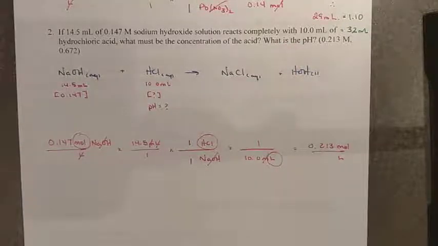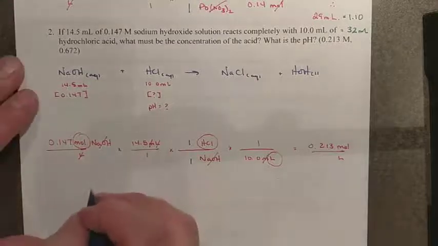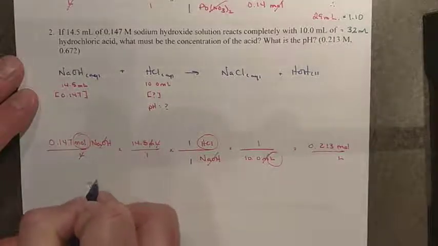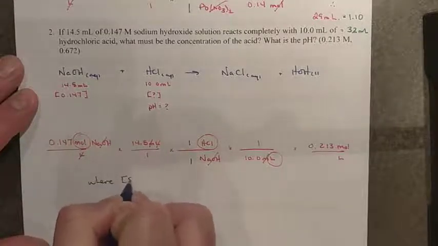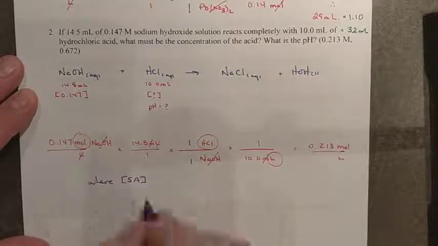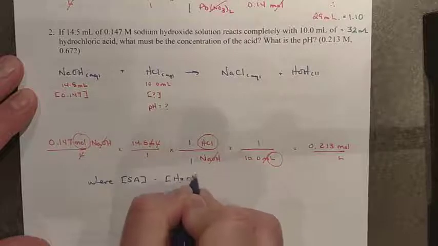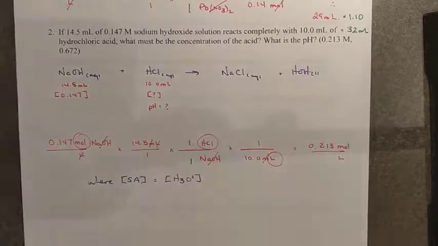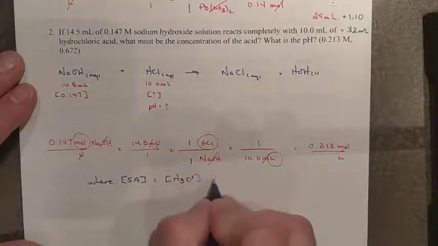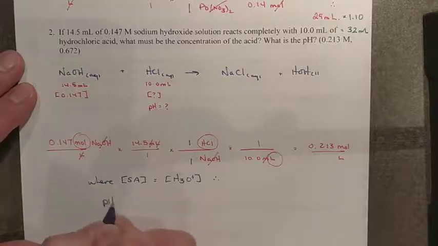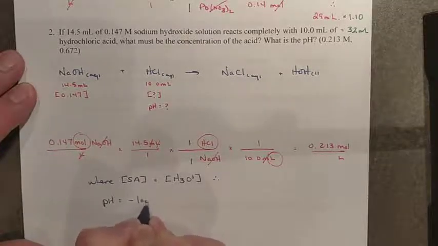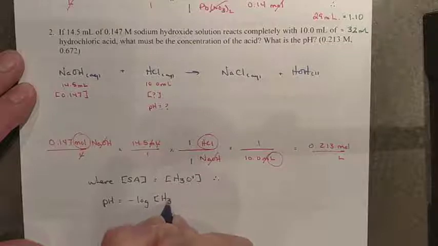So I will show it to you just for fun. Where the concentration of a strong acid like HCl, because it ionizes 100%, would be equal to the concentration of any hydronium.